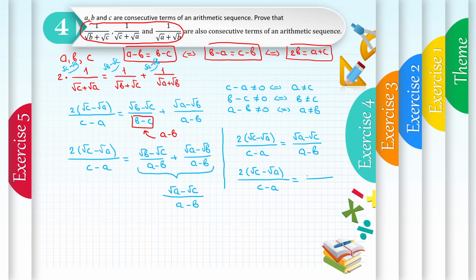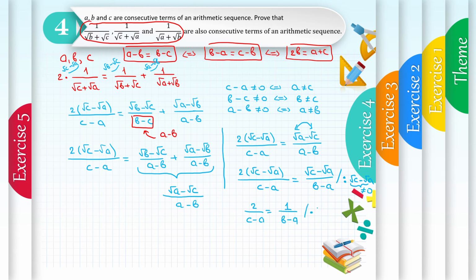We have to prove that this is equal to the square root of c minus the square root of a over b minus a. So we inverse these two terms. Now we can divide both sides of this expression by the square root of c minus the square root of a, and we know for sure that this is different from 0, because a is different from c. Divided by the square root of c minus the square root of a, we have to prove that 2 over c minus a is equal to 1 over b minus a.